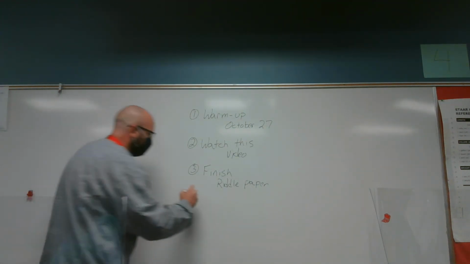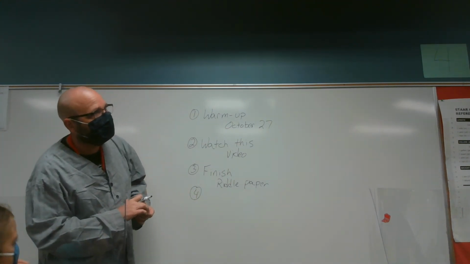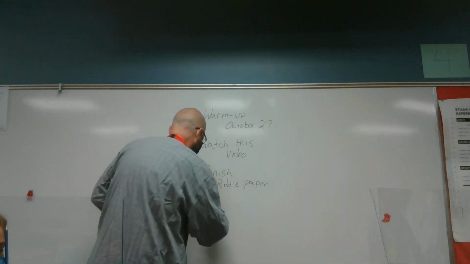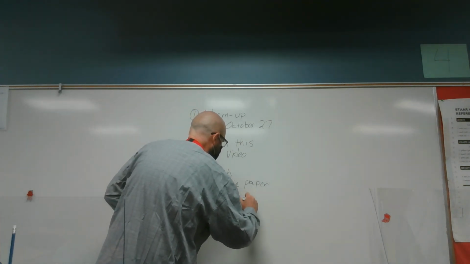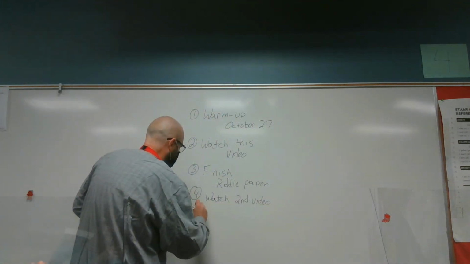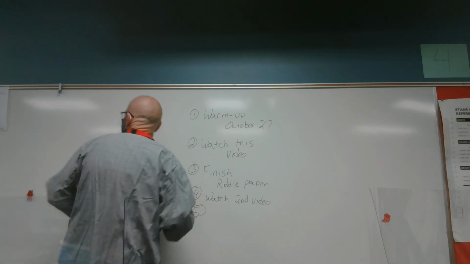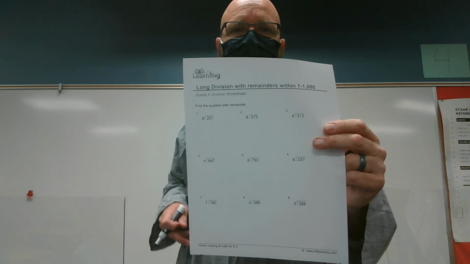Item 4. You're going to watch the video that I'm going to make probably about 9:30. So you're going to watch the second video. Fifth thing, you're going to do this, which is put on Google Classroom already. I believe most, maybe all, have remainders.